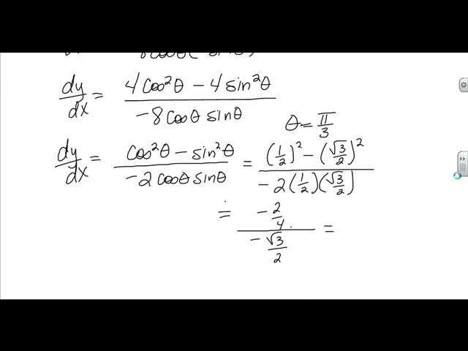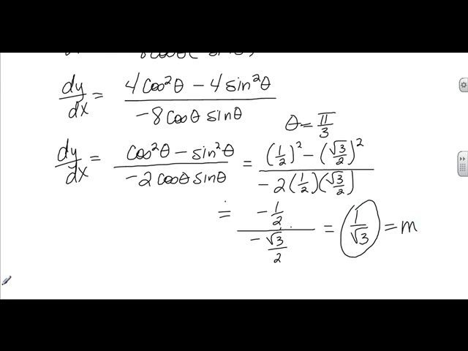If I write that as negative 1/2, it's a little easier to simplify. So negative 1/2 divided by negative square root of 3 over 2. Invert and multiply, and you're going to have 1 over the square root of 3. As far as I'm concerned, you can leave that in that form. Now for MyMathLab, you probably will need to rationalize that fraction. So the slope of the line tangent to our curve at the point 2, pi over 3 is 1 over square root of 3.